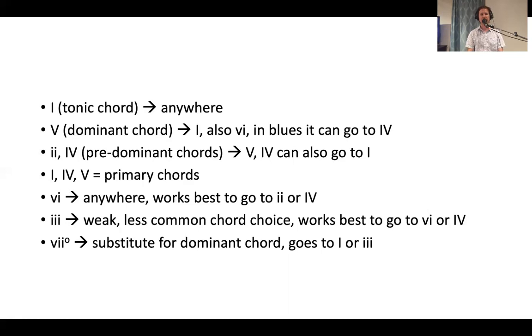Sometimes I use it after the 5 chord to go in between 5 and 1. It extends that dominant chord sound, but varies it a little bit with that diminished 7. So just as an example, I could go 1, 4, and then 5, 7, and then 1.